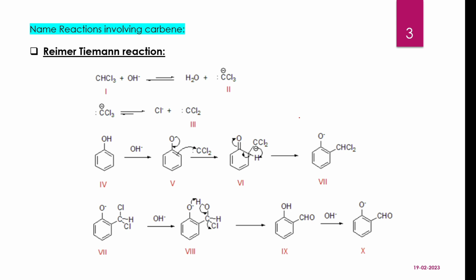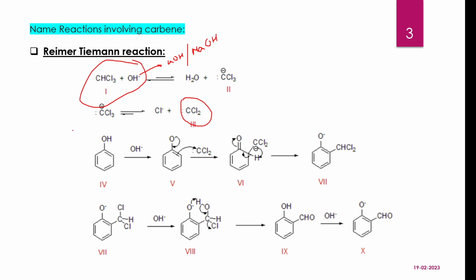The reagent of this reaction is chloroform and a base, usually KOH or NaOH. This will undergo alpha elimination, as I have taught you, and generate a carbene intermediate.